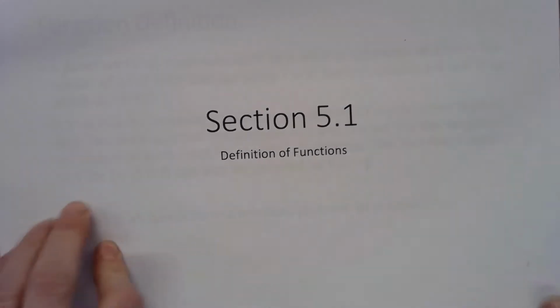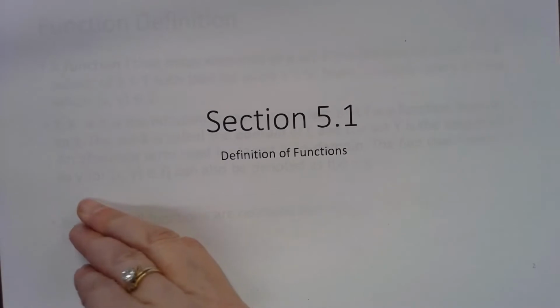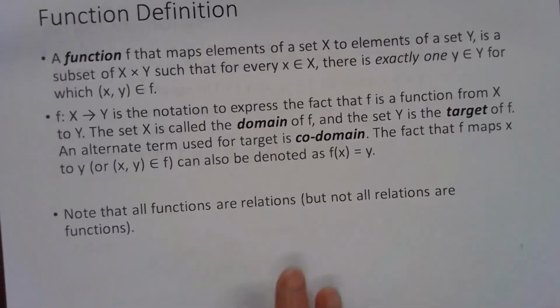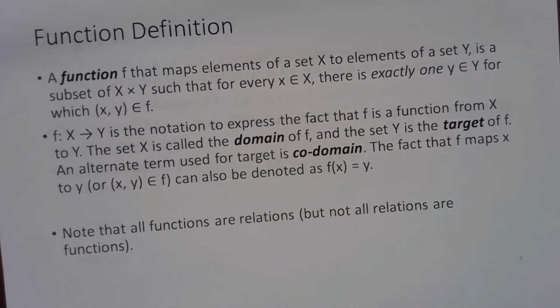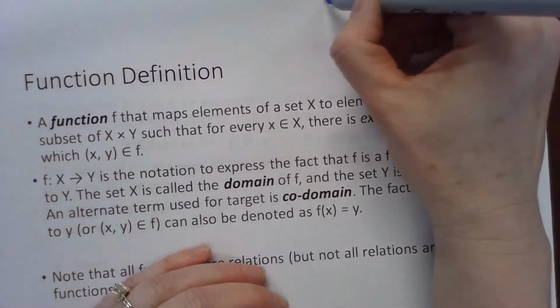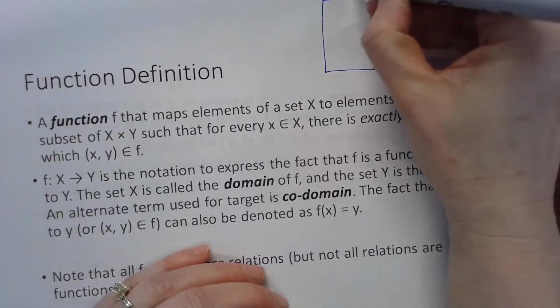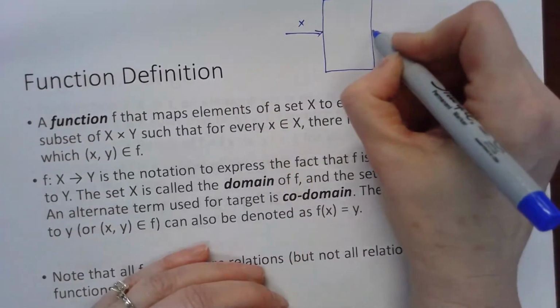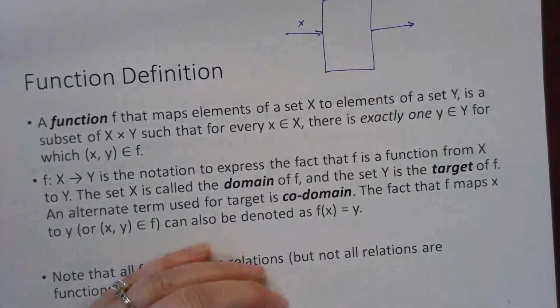All right. So with that, we will start chapter 5 and talk about functions. You probably have at multiple times, in high school, in calculus, all sorts of classes, talked about what a function is. There's the classic picture where you have the little black box that's a function, and you have a value coming in like x, and you have a value coming out.